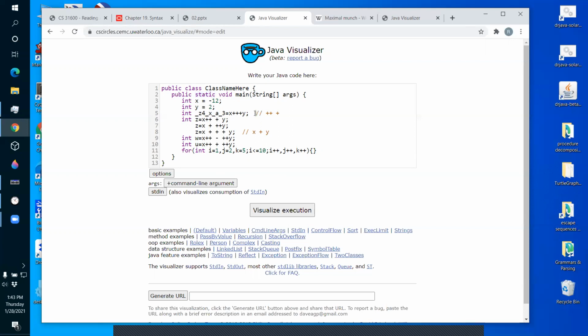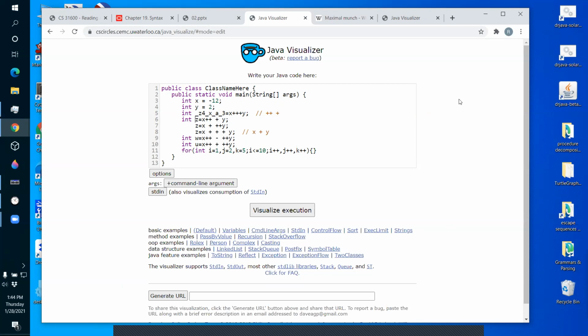The tokenizer also famously removes the comments. It would put out an int token, a variable token, an equal token, an X token, a post-increment token, an addition token, a Y token, a semicolon token. Skip all this; it's not part of what the tokenizer spits out.